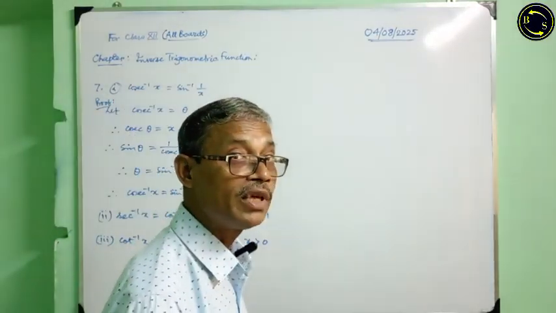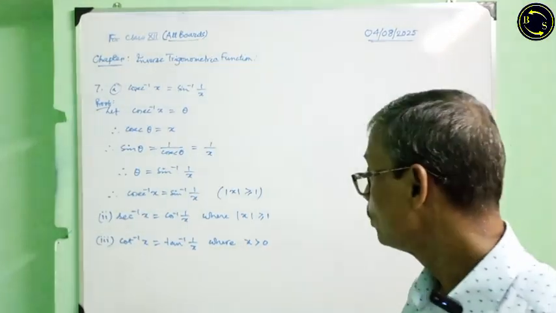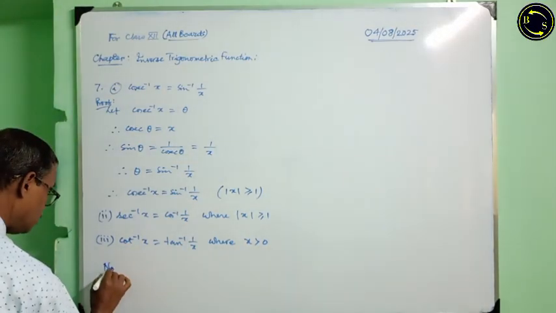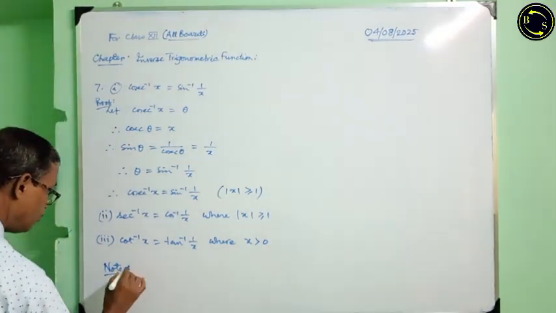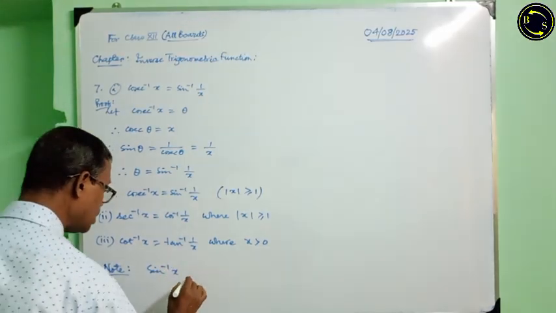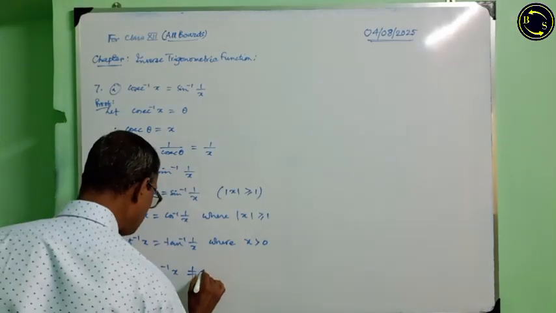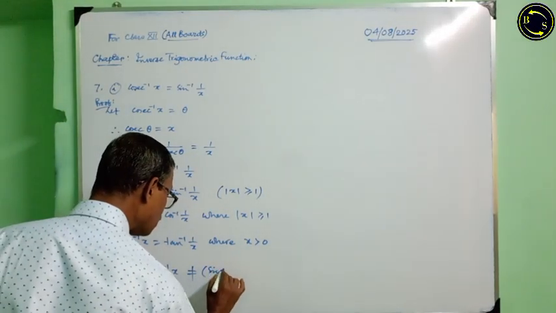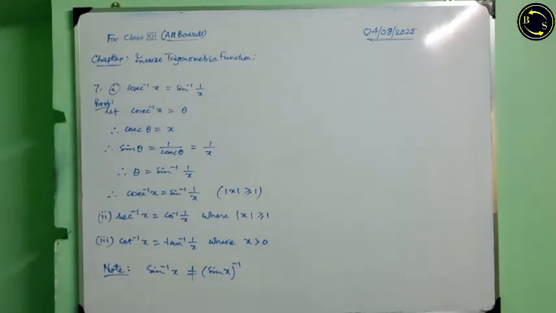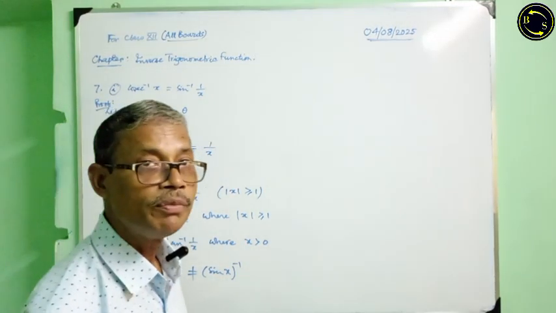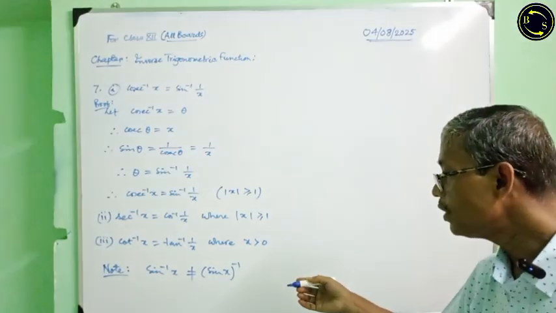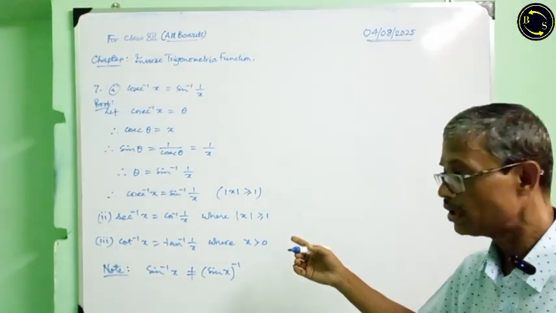One thing I must mention here, that don't think sin inverse x is equal to sin x to the power minus 1. Don't be confused. Sin inverse x never equal to sin x whole to the power minus 1.